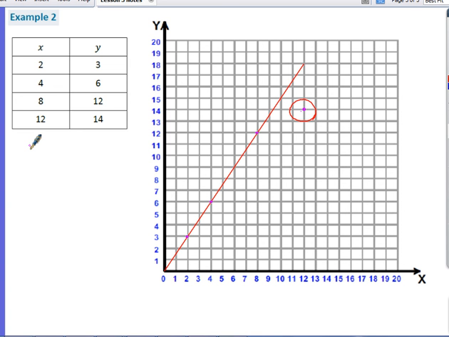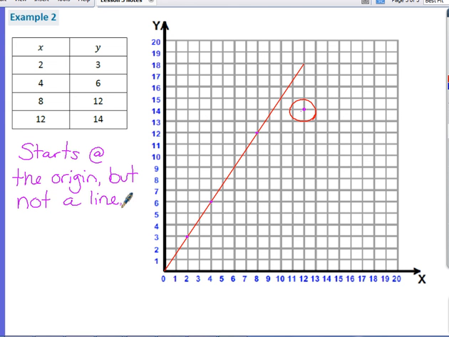So since it starts at the origin, but it is not a line, if it fails to achieve one of those two outcomes, it's not proportional. And by the way, these 3 little dots that are in a triangle, that's shorthand for therefore.